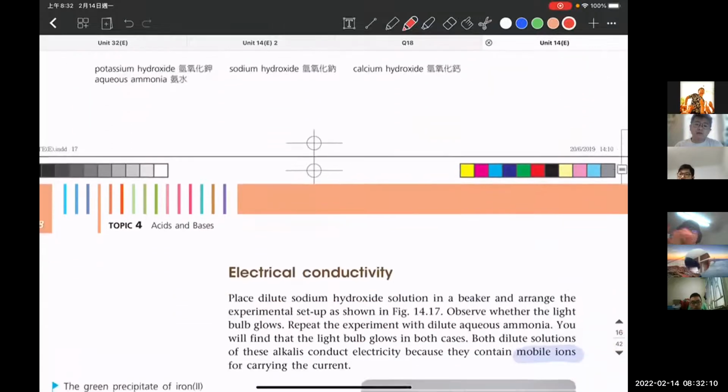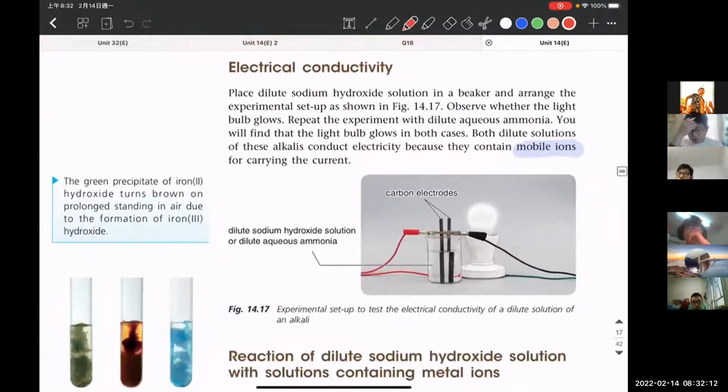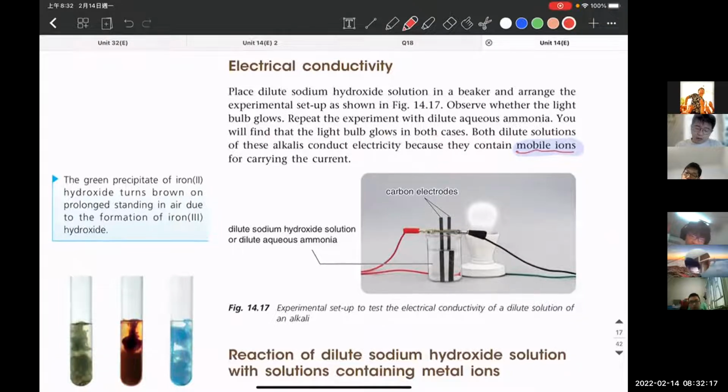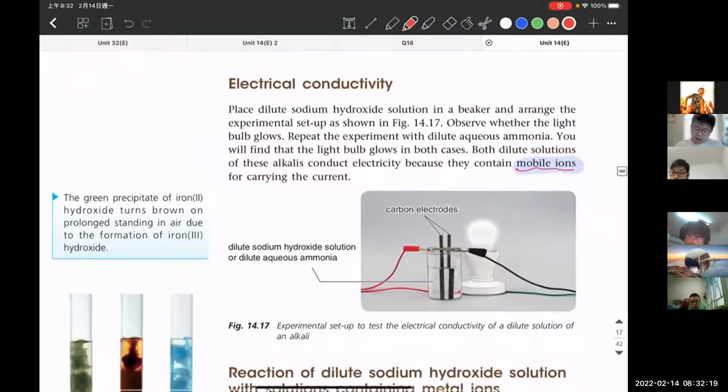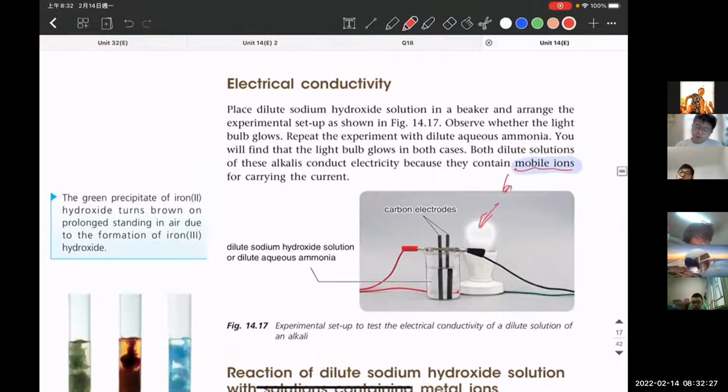As I said before, conductivity is because of mobile ions, for carrying the current. Depending on the strength of the alkali, the brightness of the light bulb is different.